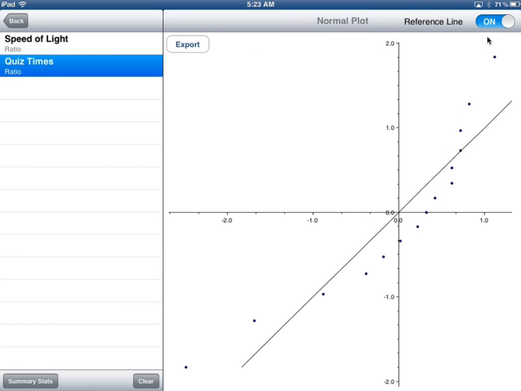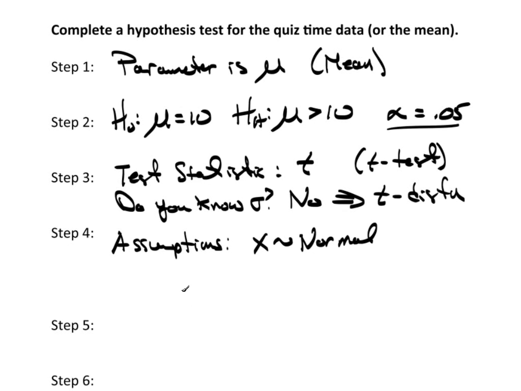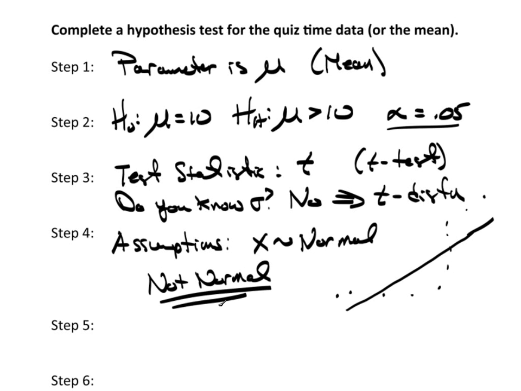All this up here, there's just no way. So then what you need to do is draw a rough representation of what you saw in the normal plot. It doesn't have to be perfect, but it's got to be good enough so that when I look at it, I can say, yeah, they actually did the normal plot and they actually looked at it. So this is not normal. Now, this is very important. At this point, we should switch, and we normally would switch to the median.